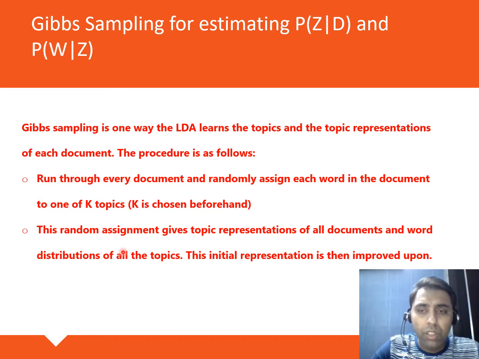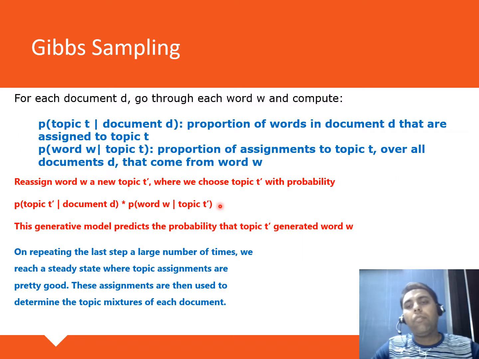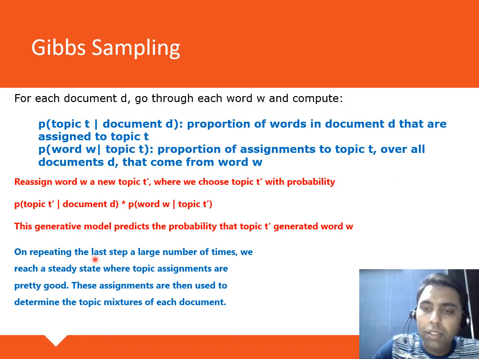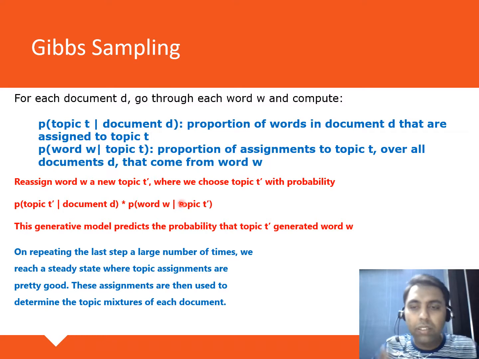That is where we use the concept of Gibbs sampling. Once the random allocation has been done for all the documents, the algorithm reinitiates from the first document, and it tries to reassign a word to a new topic. Because previously, when the matrix factorization was done, the words were randomly allocated to topics.